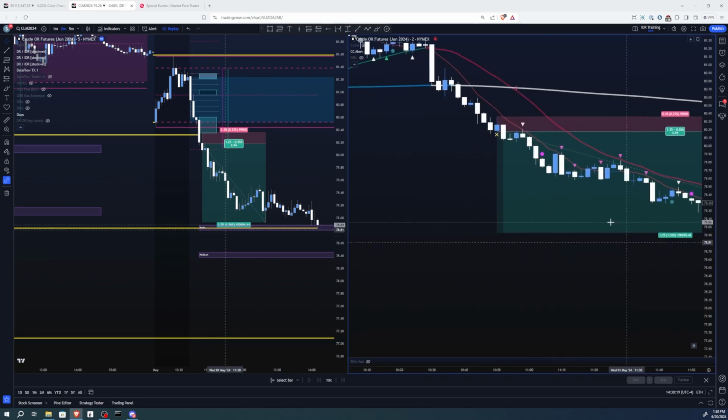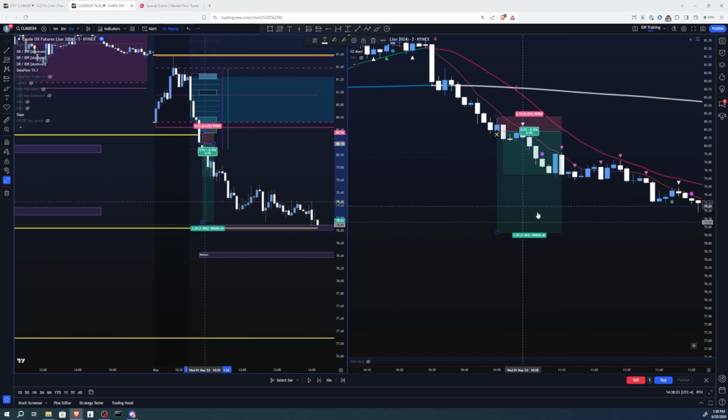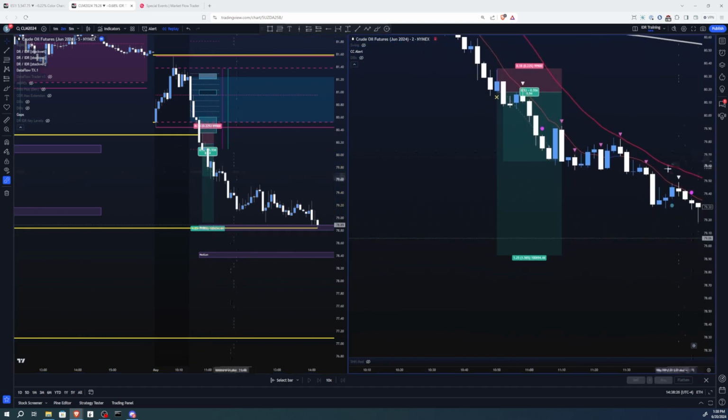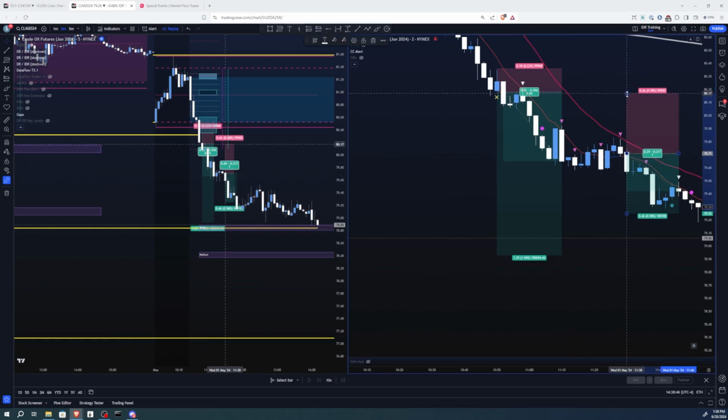One of the really great things about this approach is that when you are confident the move is not done, and we know we have quite a bit more room left to go, then we can take things that are a little more aggressive on pullbacks. So if we added right here, that's our color change right there.